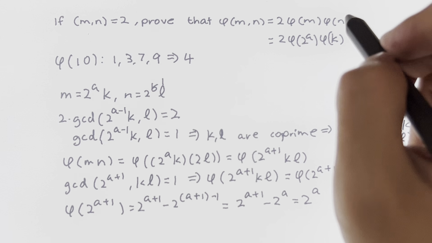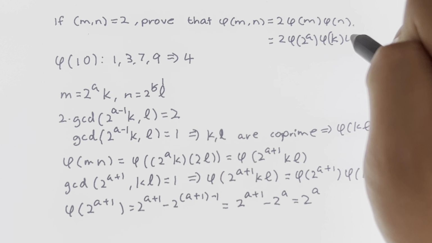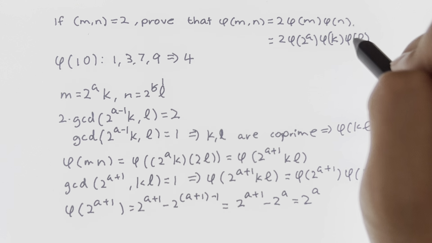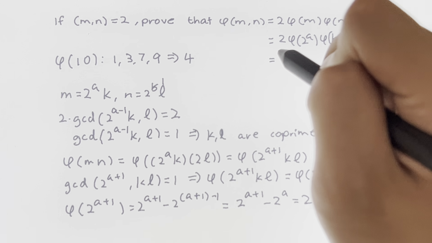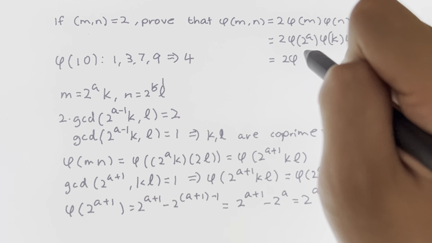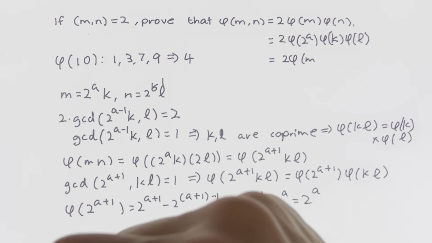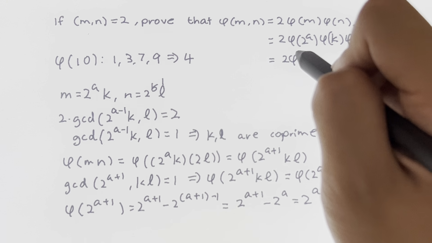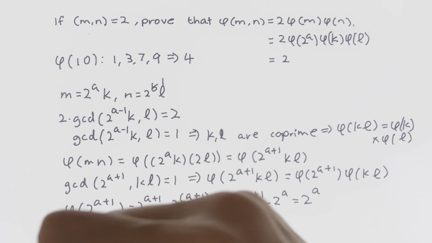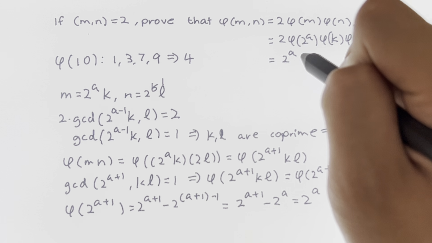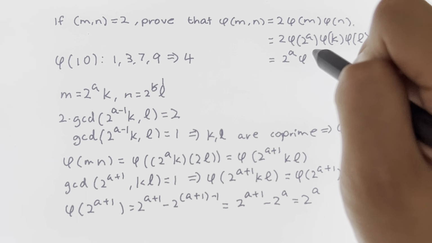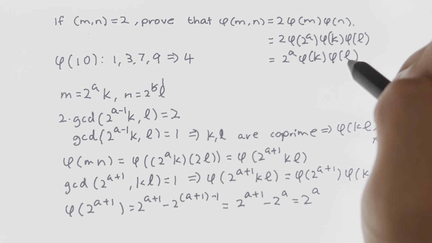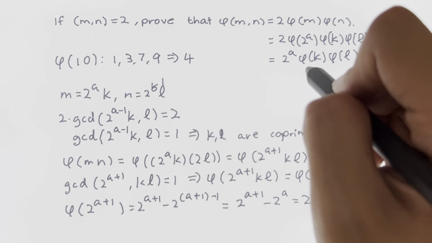The Euler's totient of 2 is just 1, so it becomes the Euler's totient of l. So then we see that this whole thing will equal 2 times the Euler's totient of m, or in other words, 2 to the power of a times the Euler's totient of k times the Euler's totient of l. So this finally matches up with what we had.